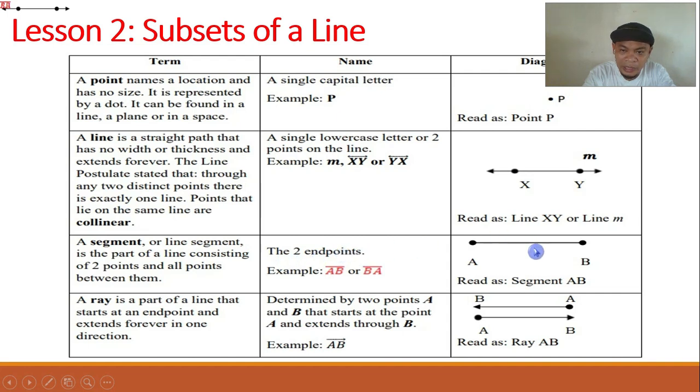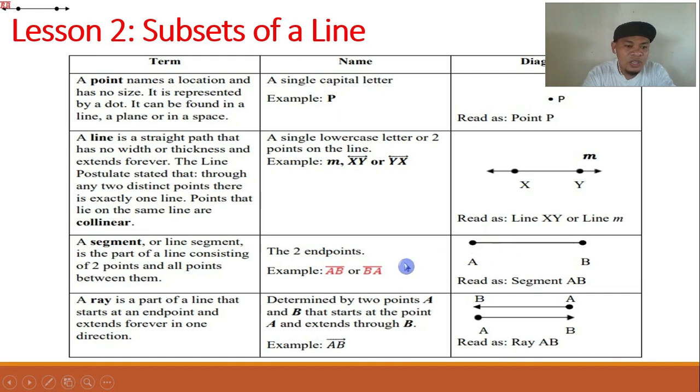So, kung nakikita natin sa ating diagram, this is our line. Di ba? 2 endpoints, A at saka si B. Kung nakikita natin, wala na po siyang arrow kasi endpoint. Hanggang diyan lang po siya. Okay? So, we can name this one as segment AB. This one, AB, this is the symbol. Segment AB, kung from A to B po tayo. Or segment BA, from B to A.